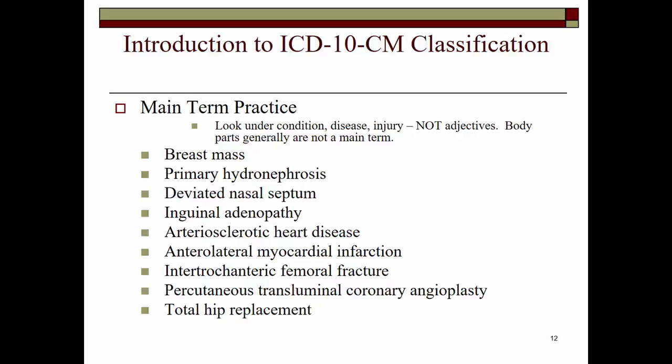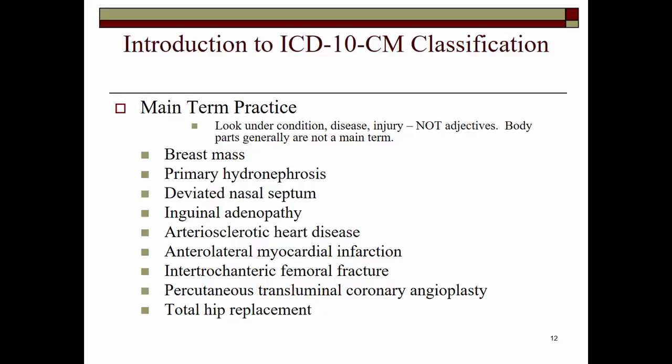Now, in this case, it would be a body part, breast. We would look for that as a subterm and indentation after the main term mass. If we look at the next example, hydronephrosis, we would look for the subterm, rather, primary, and that would be indented under hydronephrosis.